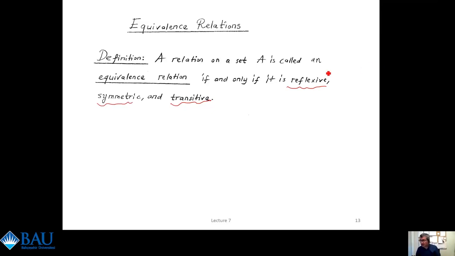Okay, now let us see what reflexive, symmetric, and transitive mean.